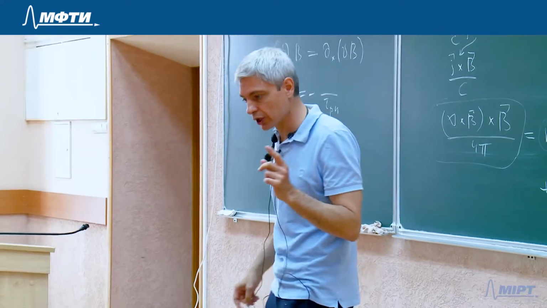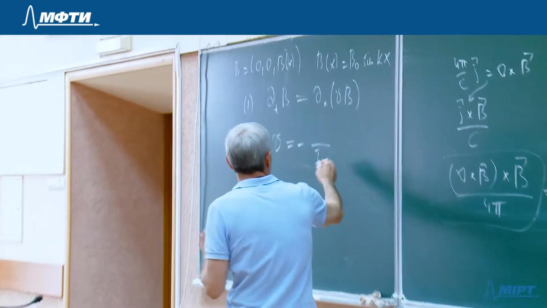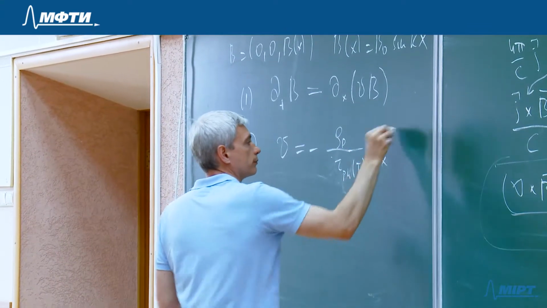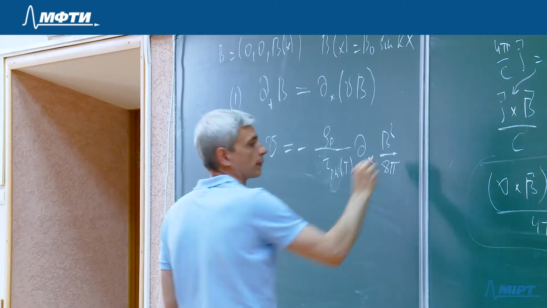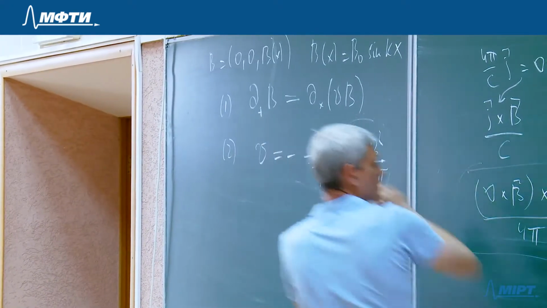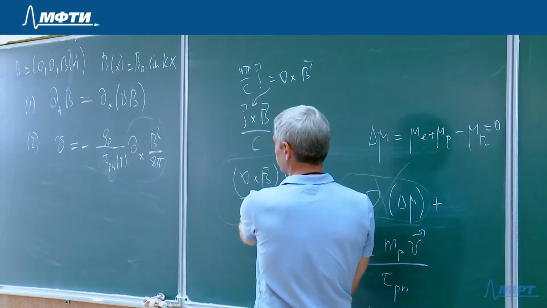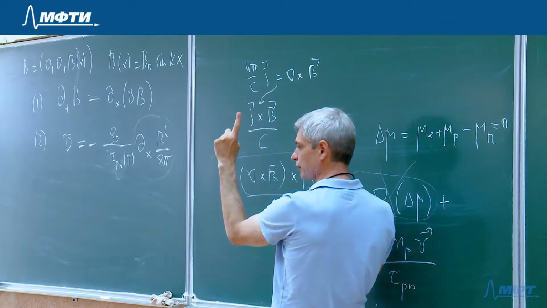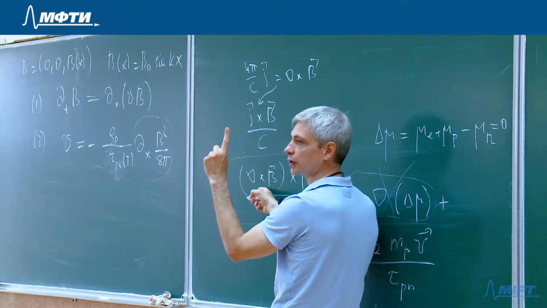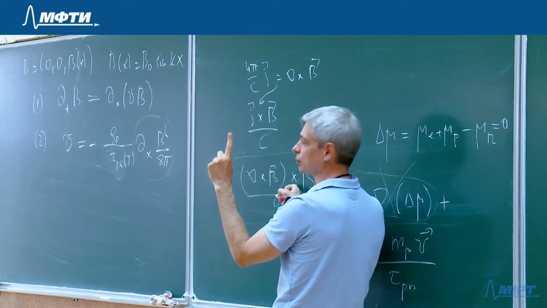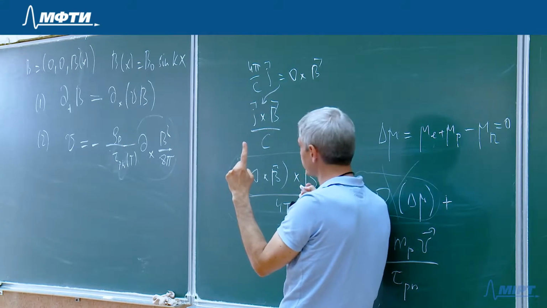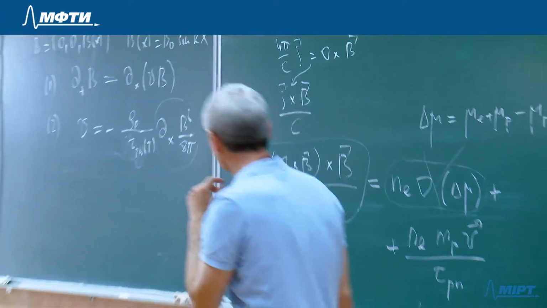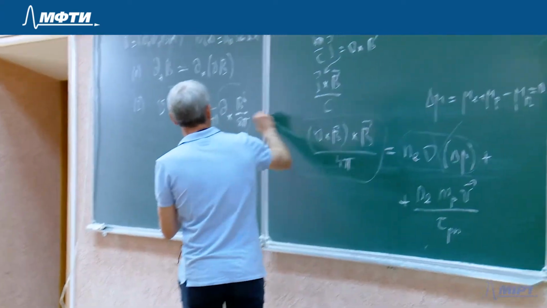No, tau has to be upstairs. Rho_p over tau, which depends on temperature. This operator is basically a way to rewrite this term for this one-dimensional geometry. You can imagine that when you have a field in the z direction that depends on x, you can easily write down the value for this curl. Then you take the cross product of the curl with B along the z-axis, and you end up basically with this expression, d/dx of B squared over 8 pi. So that's the second equation.